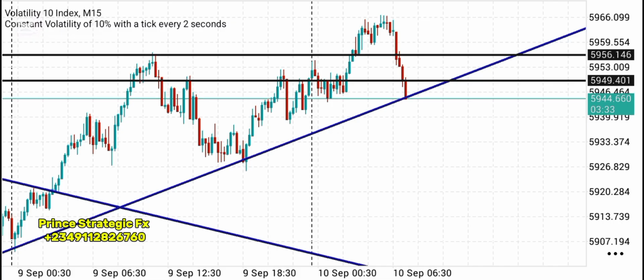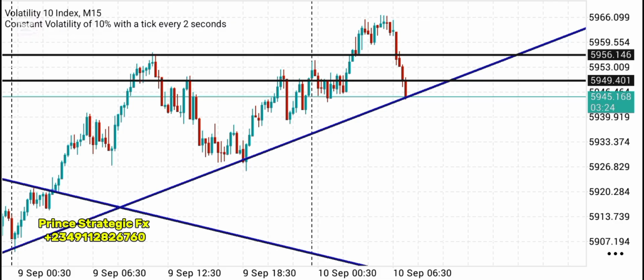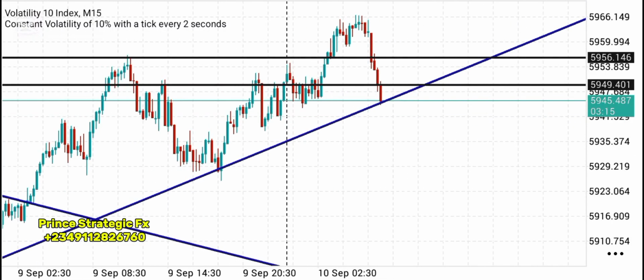So we only react to this market, we don't predict it. So we don't pay attention to candlesticks, only when it is necessary.